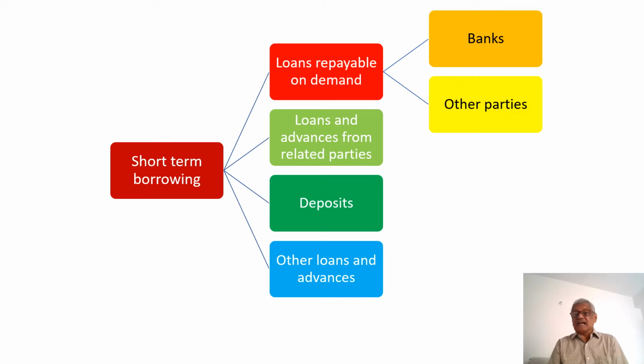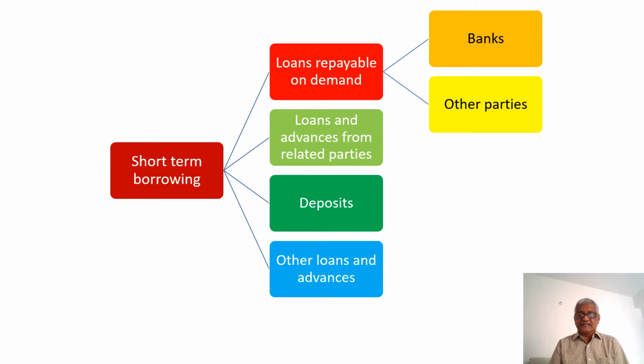The loans repayable on demand I can avail from a bank, or I can avail from any other party, say my friends and relatives, or the NBFCs, etc. Then the second item is loans and advances from related parties. Related parties means the director can give a short-term loan.